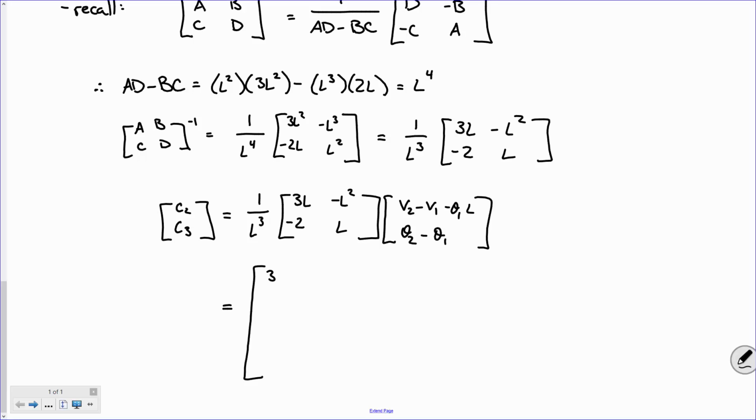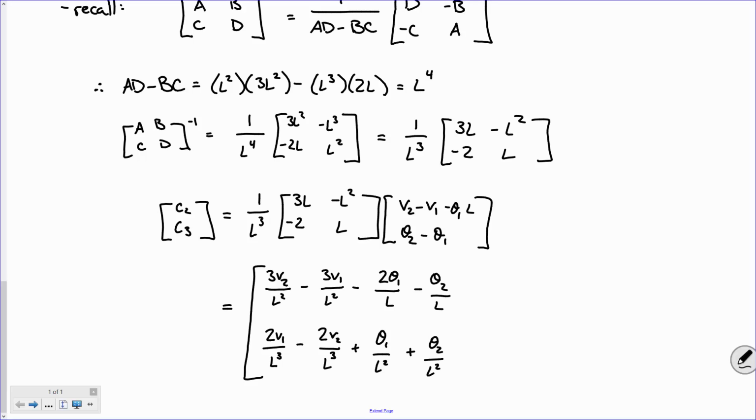We've got 3v2 over L squared minus 3v1 over L squared minus 2 theta 1 divided by L minus theta 2 over L. Now on the bottom, 2v1 over L cubed minus 2v2 over L cubed, then plus theta 1 over L squared plus theta 2 over L squared.